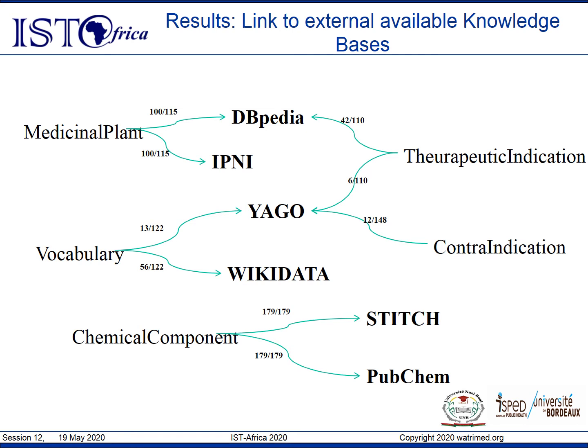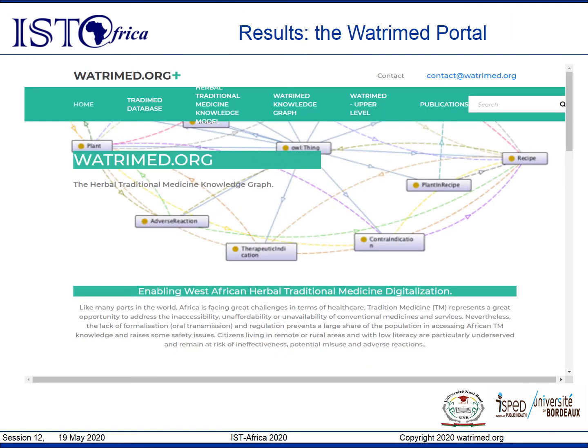For instance, the botanical name of plants in medicinal plants could be matched with both IPNI and DBpedia, therapeutic indication with DBpedia and YAGO, vocabulary with YAGO and Wikipedia, and chemical components with STITCH and PubChem. The portal is online and available.